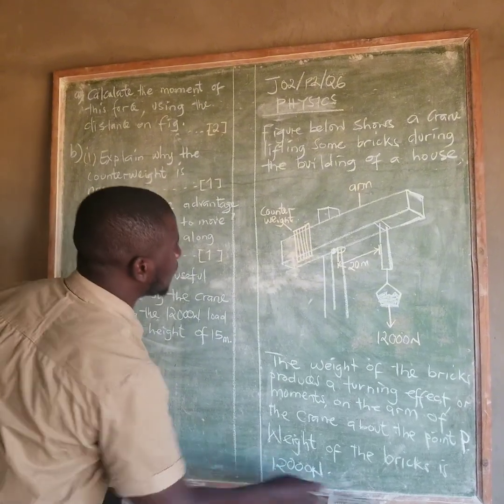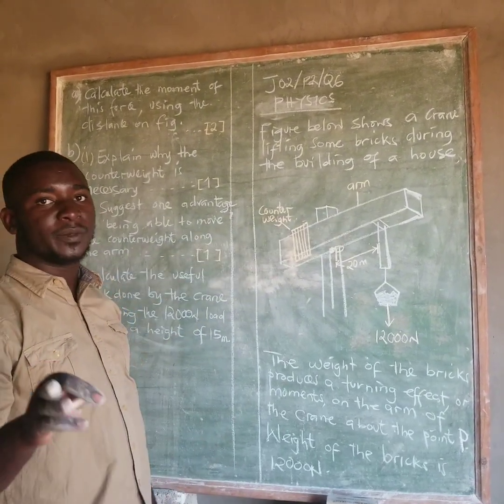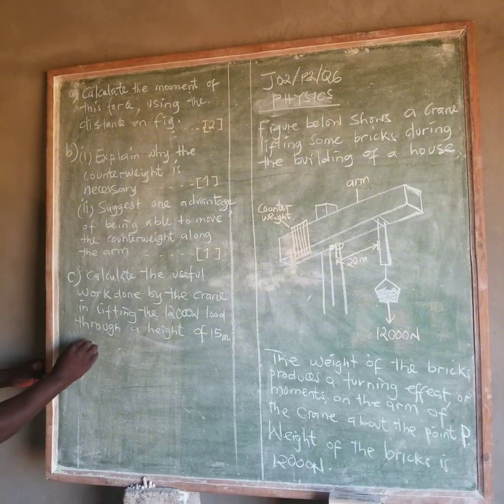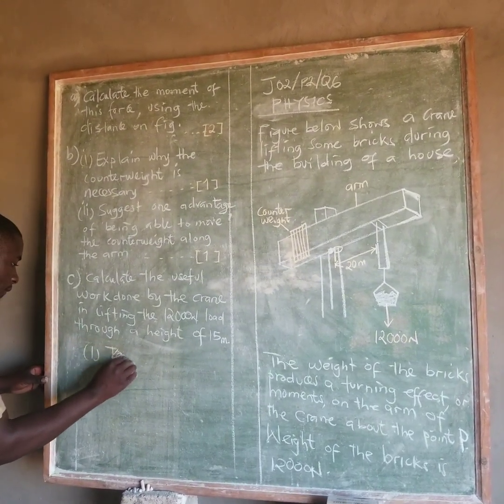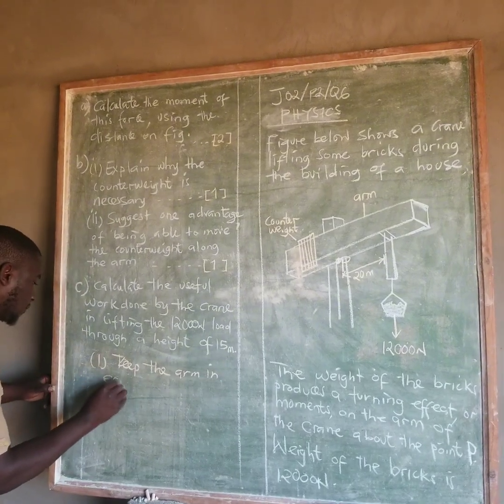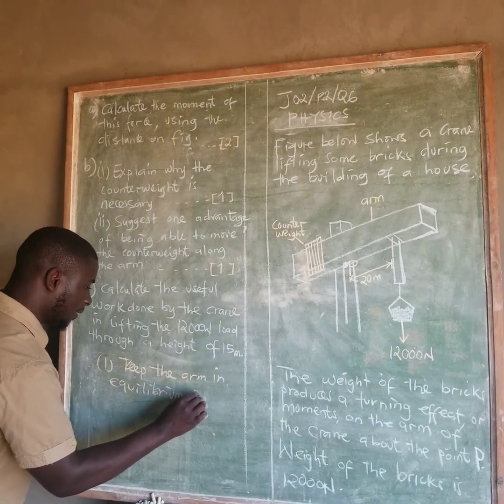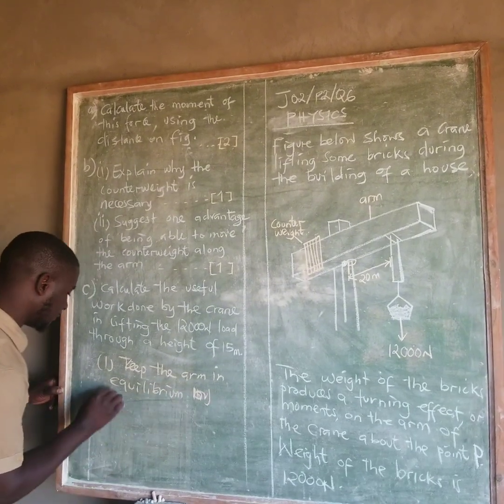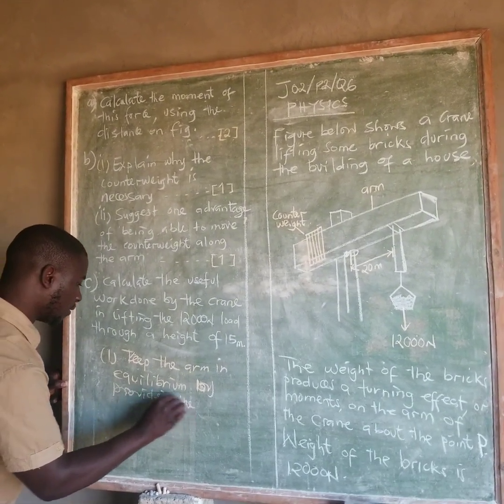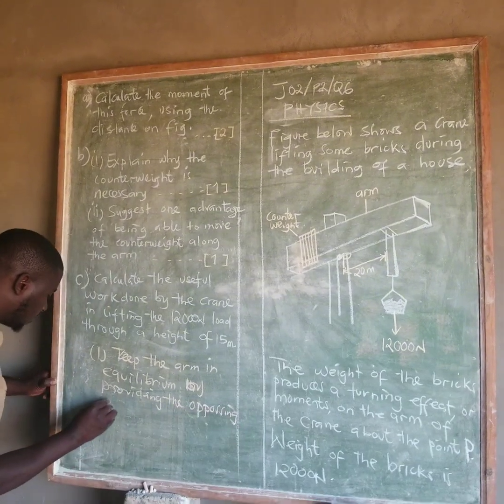This thing here is necessary because it keeps the arm in equilibrium by providing the opposing moments.